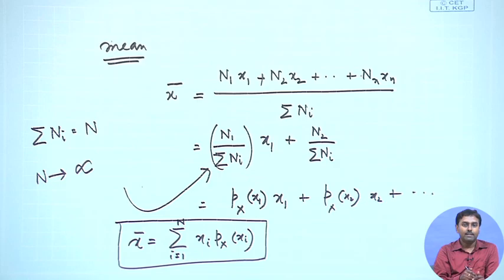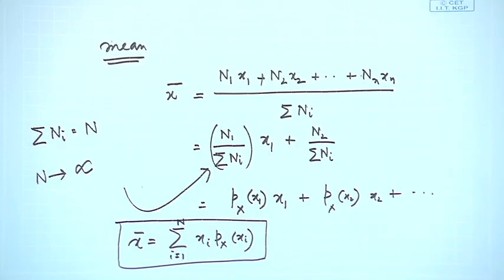So, mean is nothing but, you take all the possible values of the random variable and multiply each with its associated probability, and you add it up for all the possible outcomes. Whatever you get, that is the mean. Okay. So, from the classic definition of mean, we could see that this is the definition of mean with respect to its associated probability. Okay.